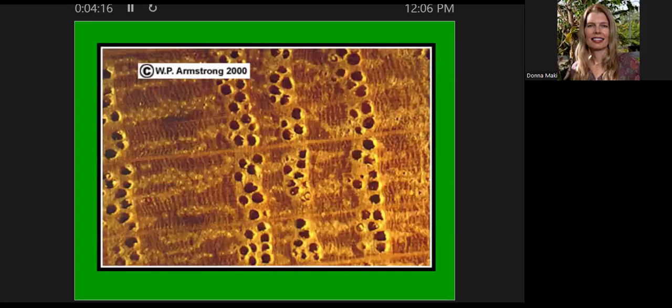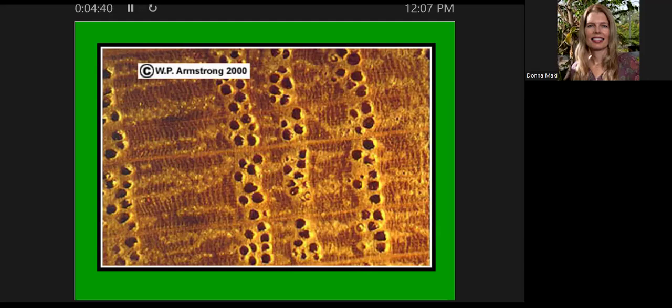This one is a better image showing the summer versus spring wood. And so you can definitely see the larger vessels. And then the smaller summer wood. And then the next year in the spring, they put down vessels. And then over the summer, they put down tracheids, vessels the next year, next spring, and tracheids.